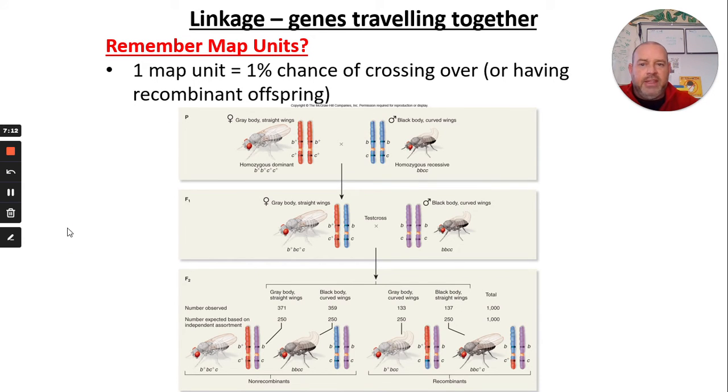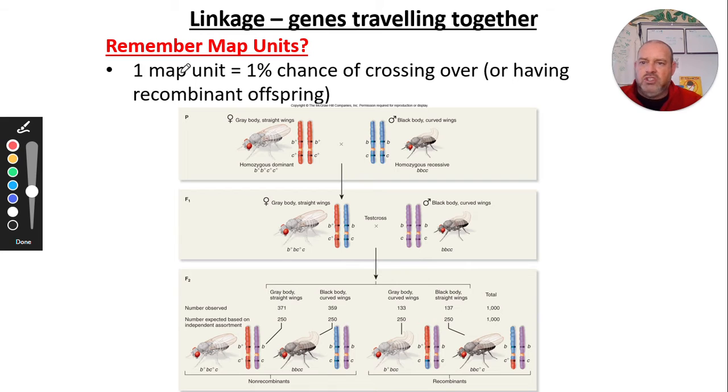So here's a little thing about map units. You can pause it and dig into the picture and the numbers here, but I'm just going to focus on this concept right here, that one map unit is a 1% chance of crossing over or having recombinant offspring, right?